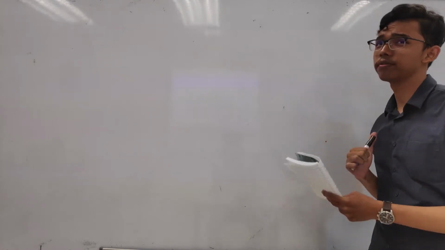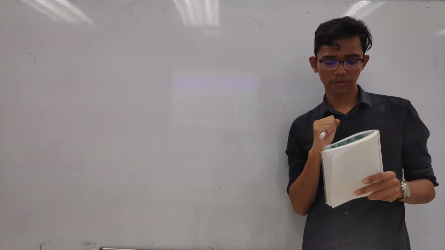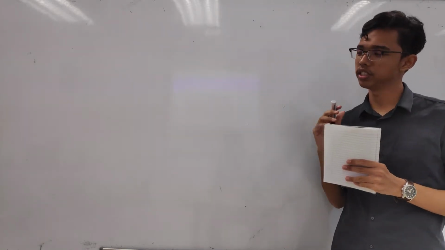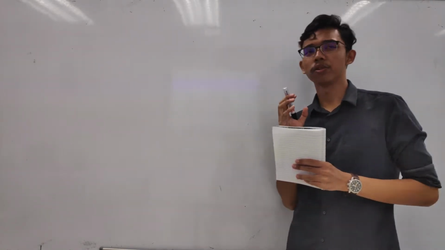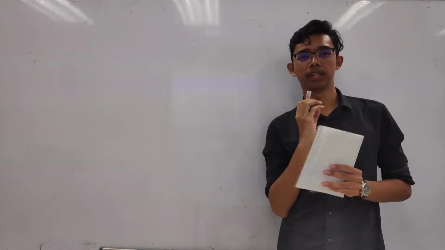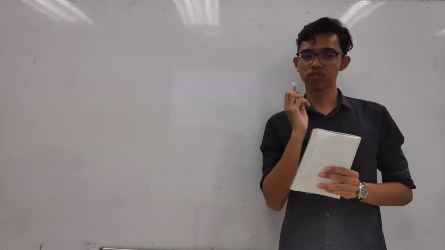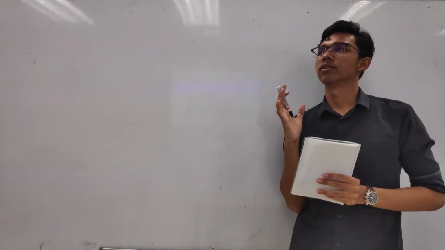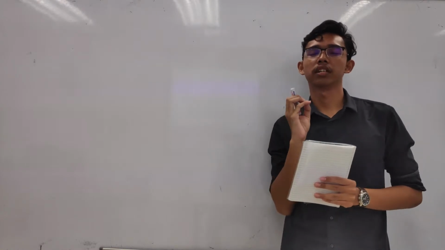So the final one is C-LOOK. For C-LOOK, we must start by moving forward, but it doesn't go to the end at 199, it just stops at the highest number in the queue.